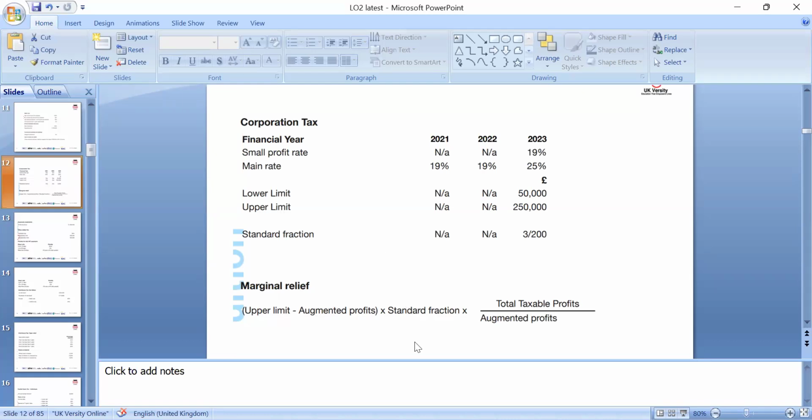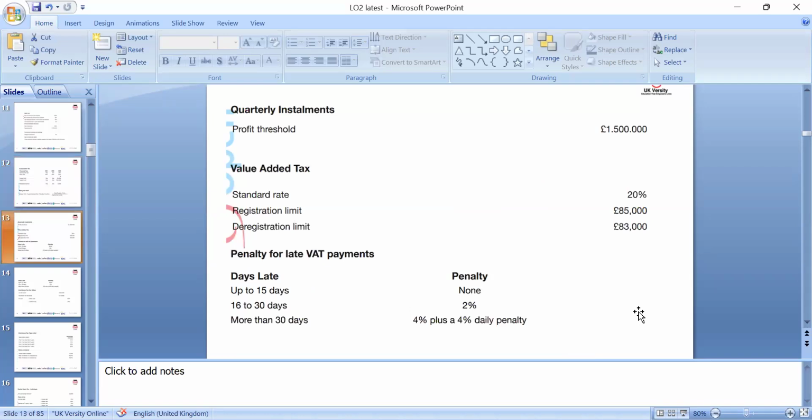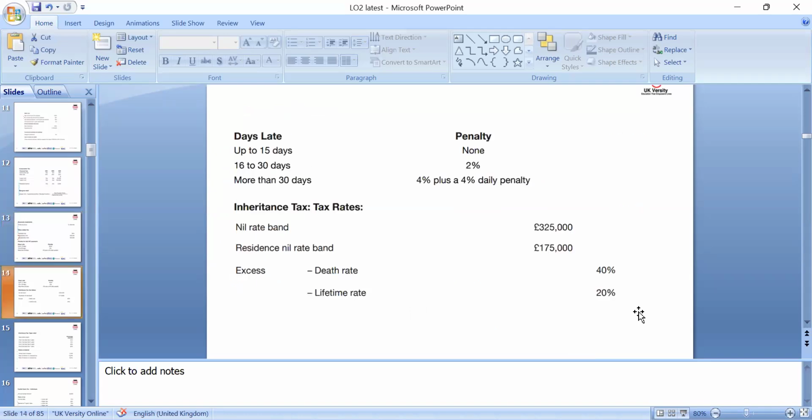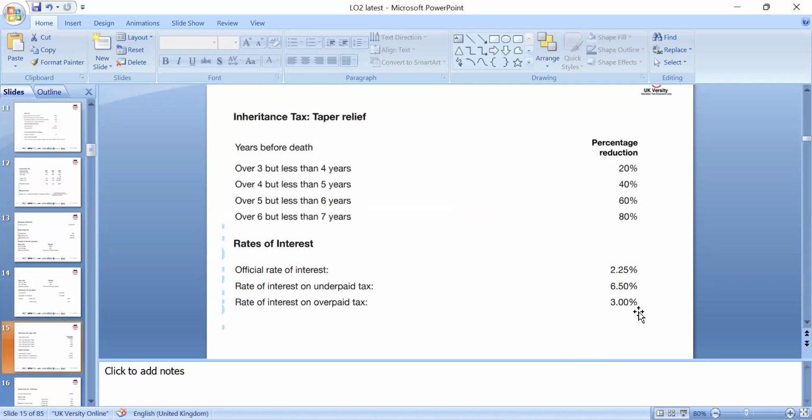The standard fraction is the total taxable profit divided by the augmented profit. We can also look at quarterly instalment profit thresholds and standard VAT rates.